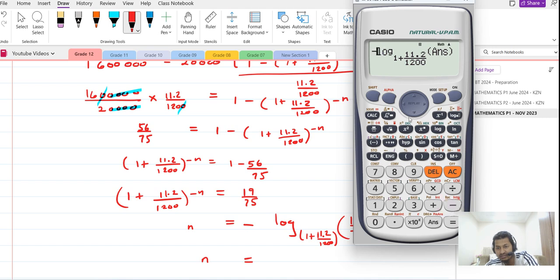Now I need to change this. 19 over 75. So I've got 147.79 and something, right?